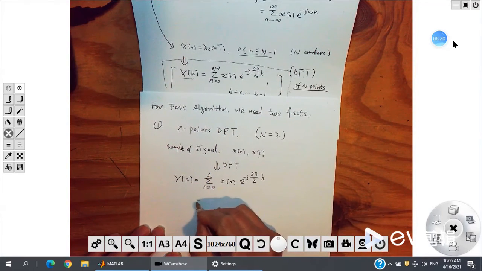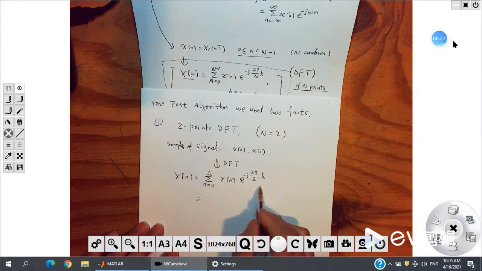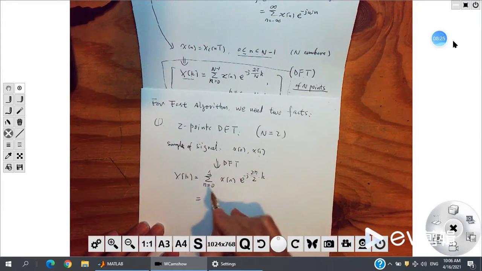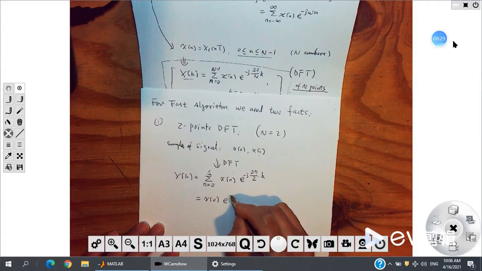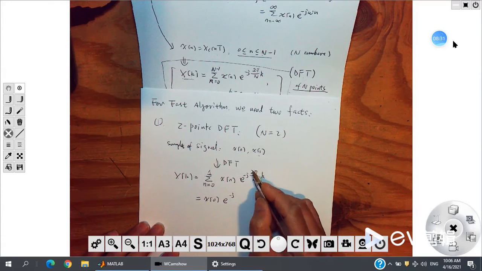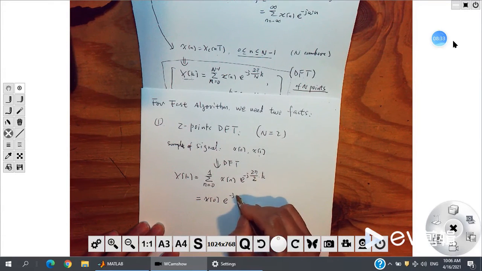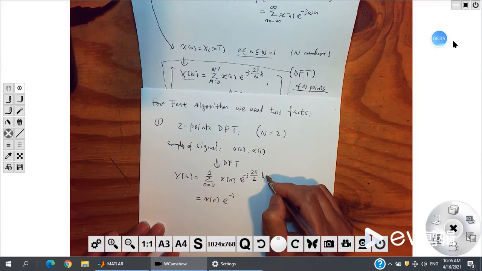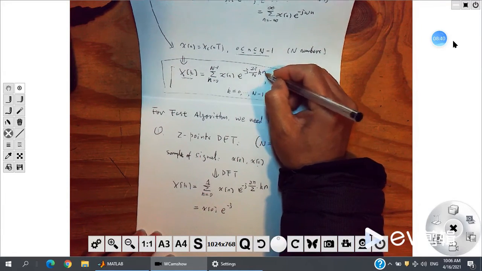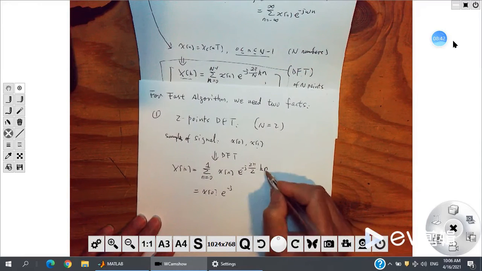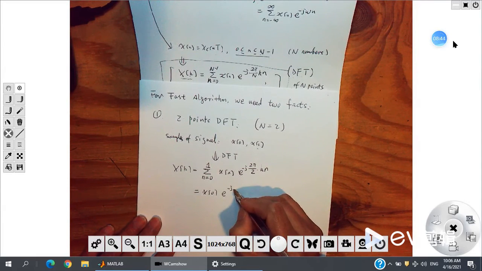Now I write it term by term. First term, n is 0, so this is x of 0 times e to the negative j pi kn, since 2 pi over 2 is just pi. Here k is 0 times n.